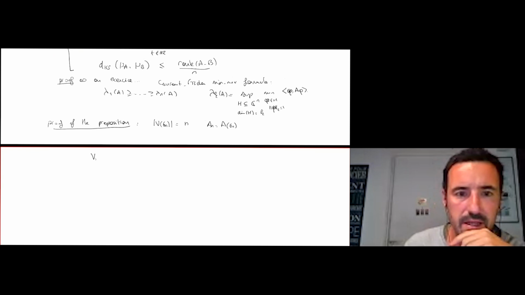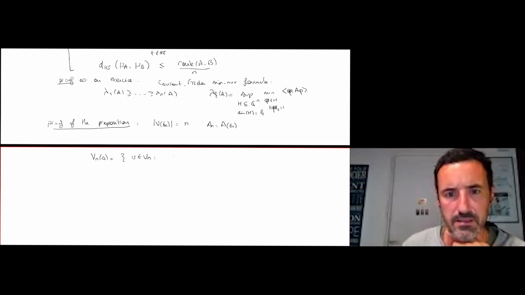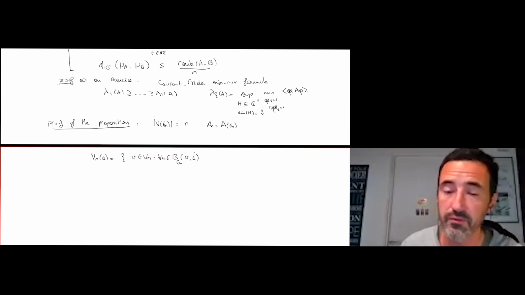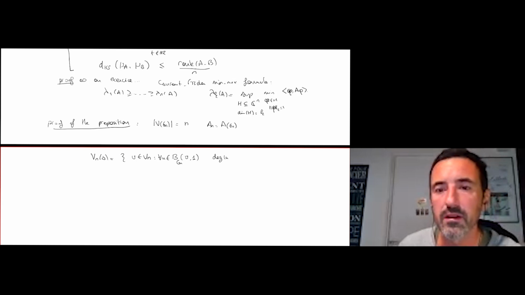and you define a vertex set Vn delta as being the set of vertices of the graph such that, if you look at the ball in Gn, for all vertices U which are V or neighbors of V, the degree of U is less than delta.